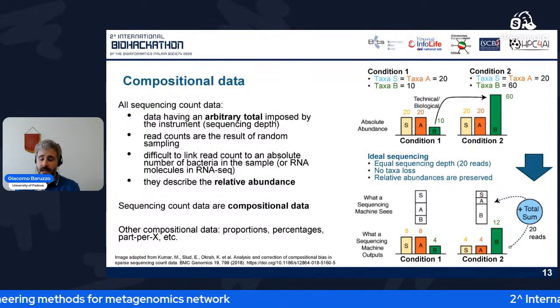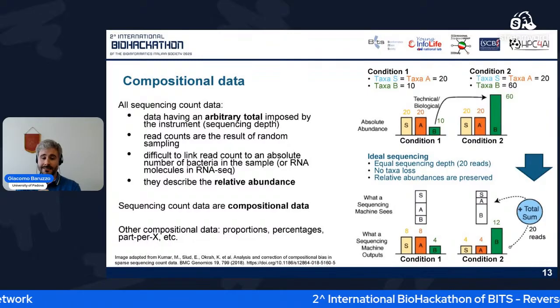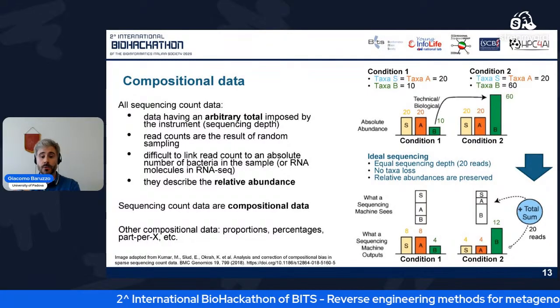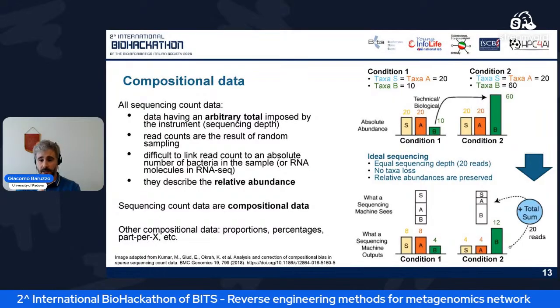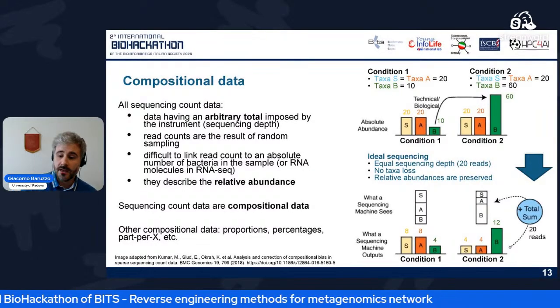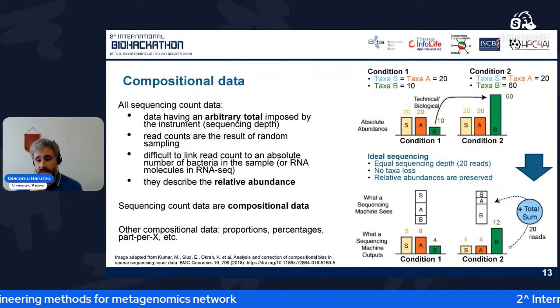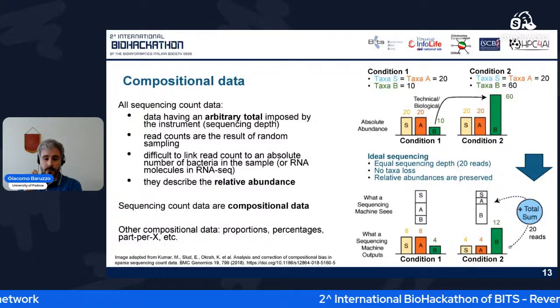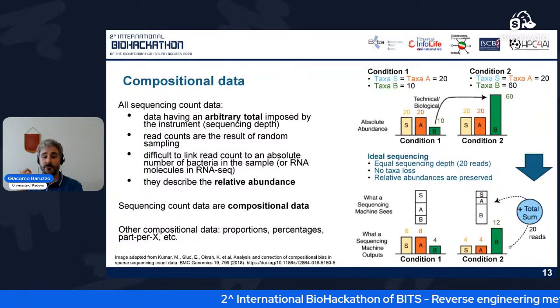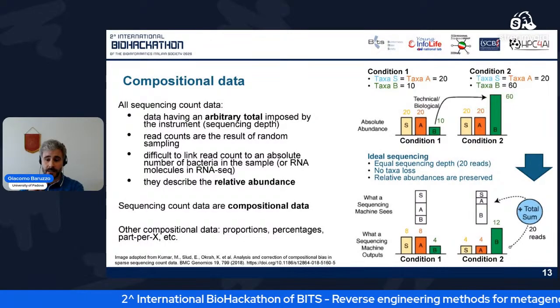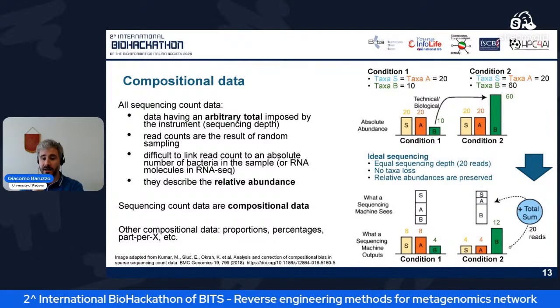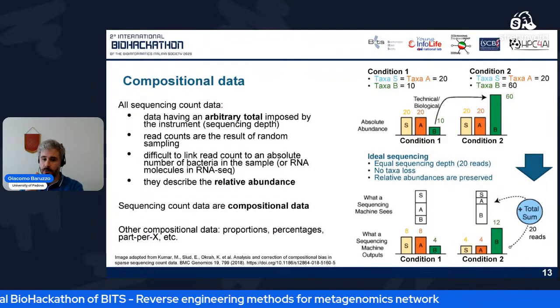And it seems that taxa S and A in condition 2 are expressed as much as taxa B in condition 1, while we know from the ground truth that they are 2 times more expressed compared to taxa B. Again, this is because the number of reads that you are measuring thanks to sequencing is mainly a function of the sampling, because sequencing count data preserve relative abundances, not absolute abundances.